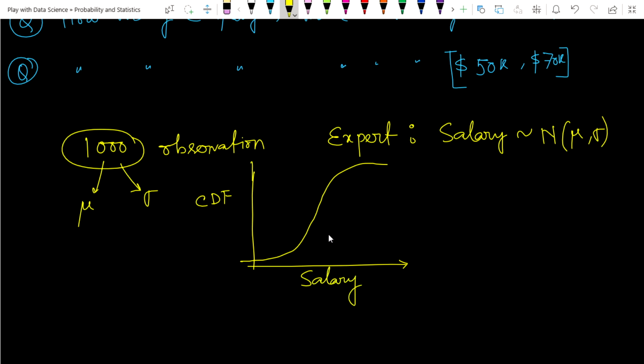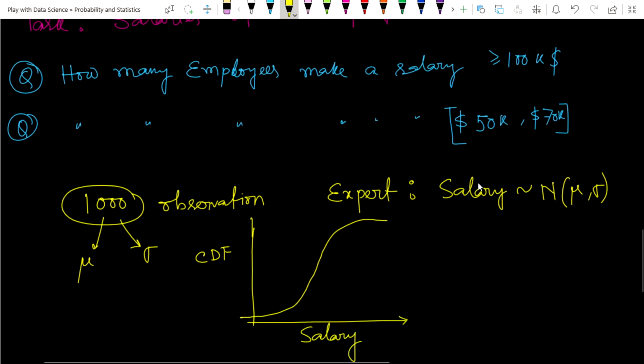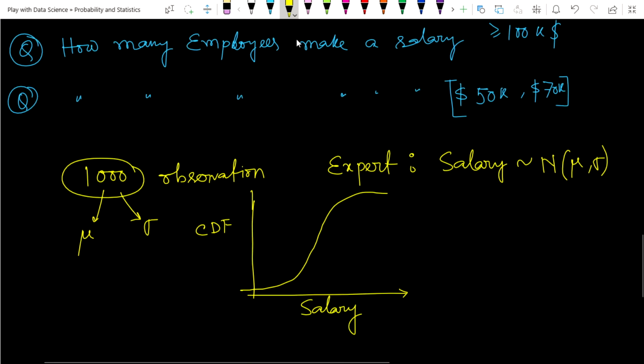Okay, now first: how many salaries are greater than 100k? Suppose here is the point, $100k, and suppose the corresponding value is 0.7.